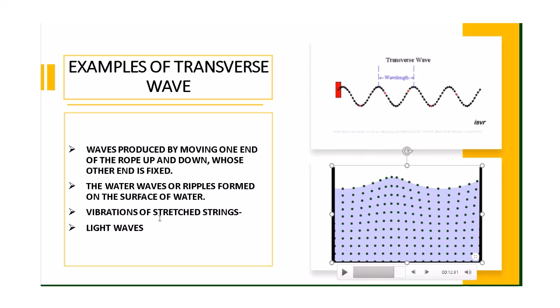That means in light waves also the particle's motion is perpendicular to the direction of the wave. So these are the four examples of transverse wave. However, there are some more which I am leaving for you to find out.